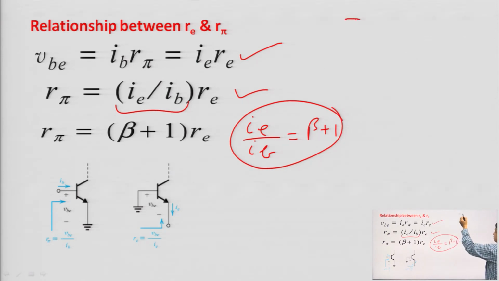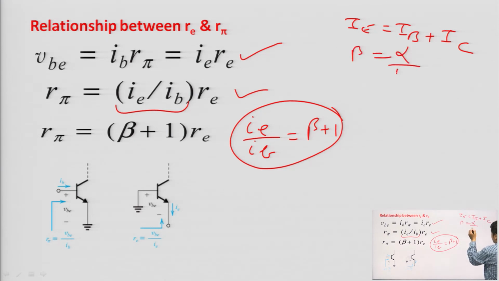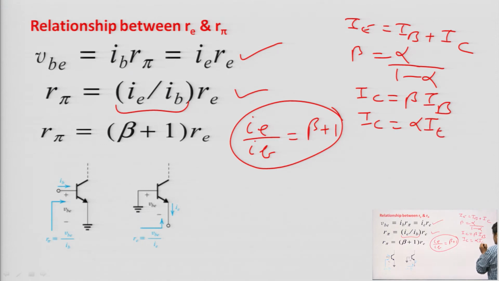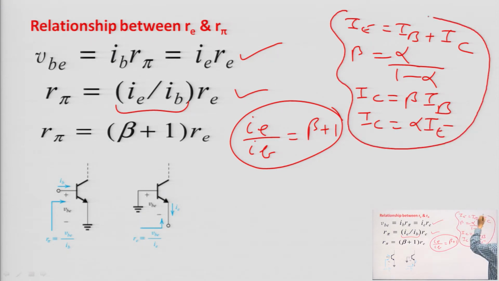One is that the emitter current is equal to base current plus collector current. Another one is beta is equal to alpha upon 1 minus alpha. Another one is I c is equal to beta I b, and I c is equal to alpha I e. These are the very basic relations. If you just remember these relations, you can easily do these calculations.